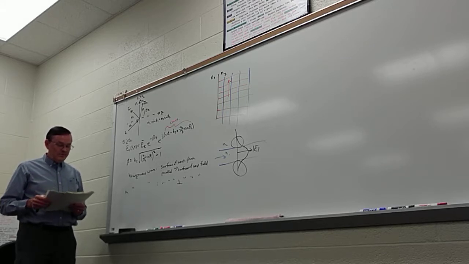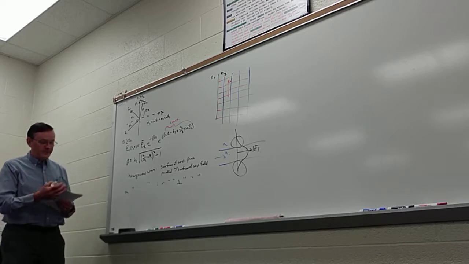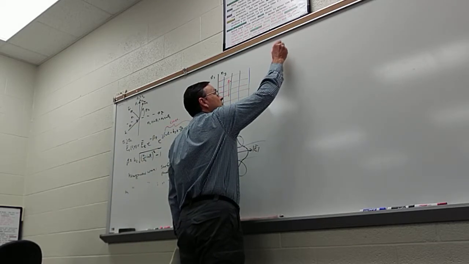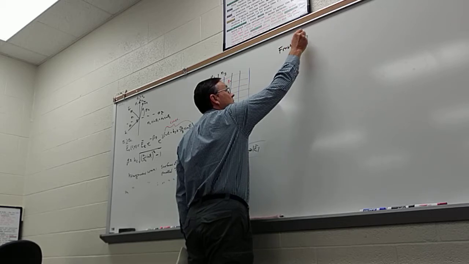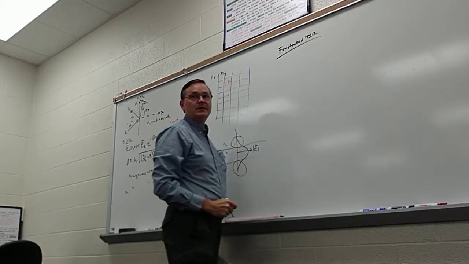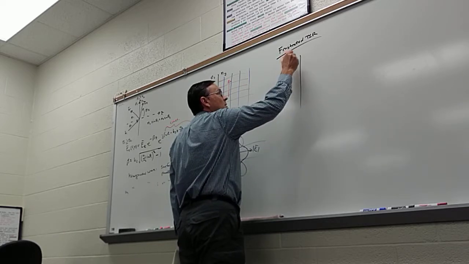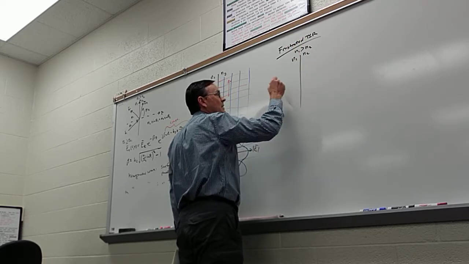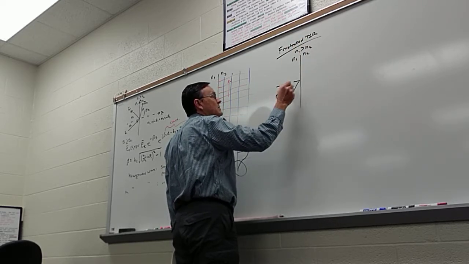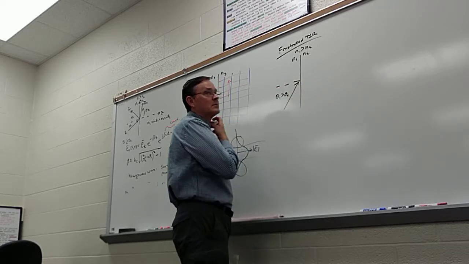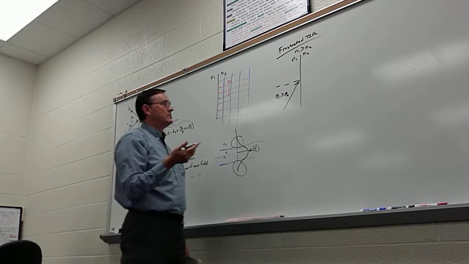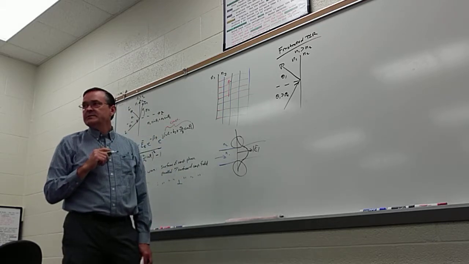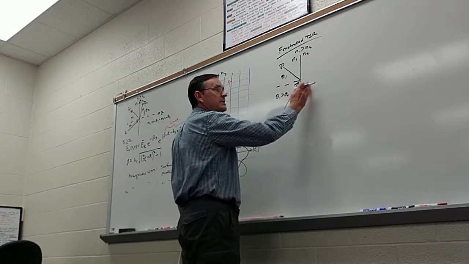So it turns out you can make use of this exponentially decaying field, and it gives rise to this phenomenon called frustrated total internal reflection. If I have an interface here between materials N1 and N2, N1 bigger than N2, and I'm incident at an angle greater than the critical angle, then in general I get all of the light reflected from that interface, but I have a non-zero field here.